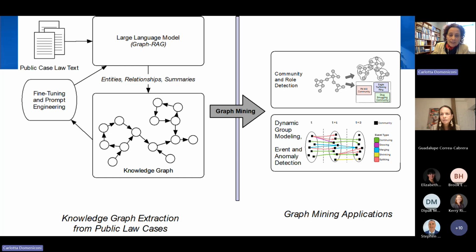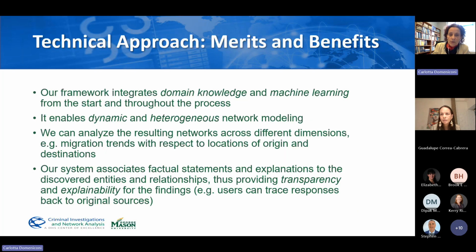So what are the good features, the characteristics of our system? Our framework integrates domain knowledge and automated machine learning throughout the process and from the start. And we view this approach as fundamental, as paramount, in order to obtain models which are accurate.